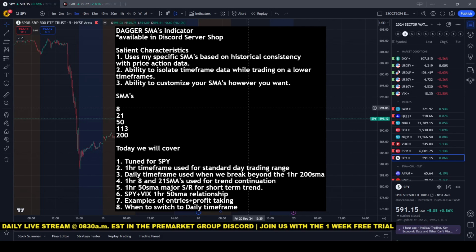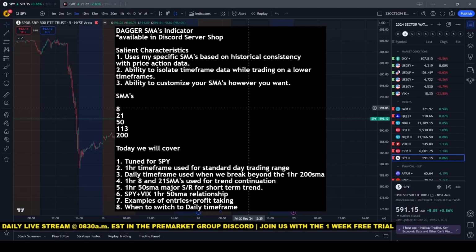The third salient characteristic is the ability to customize your own SMAs however you want. I provide you the actual source code, which most people do not, but I find value in that because if you have a certain trading style or certain SMAs you like using, you will be able to customize this indicator and basically make it your own.